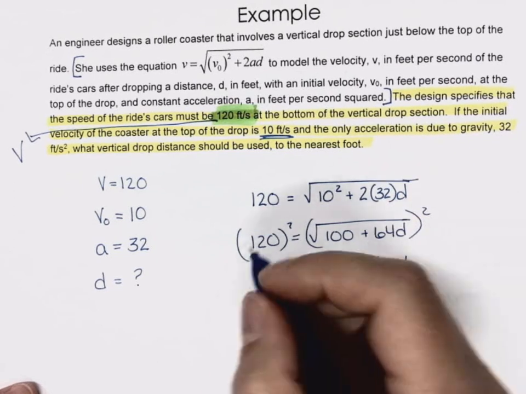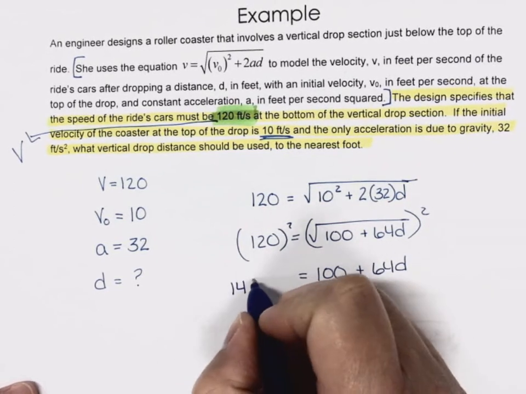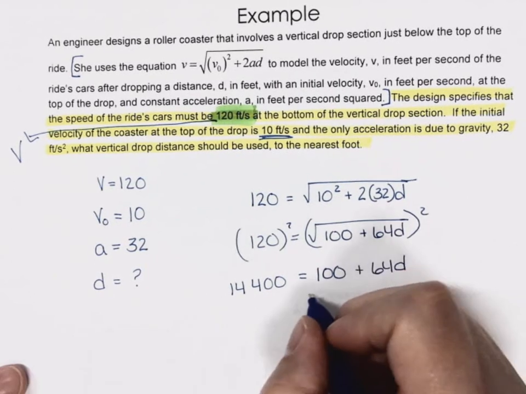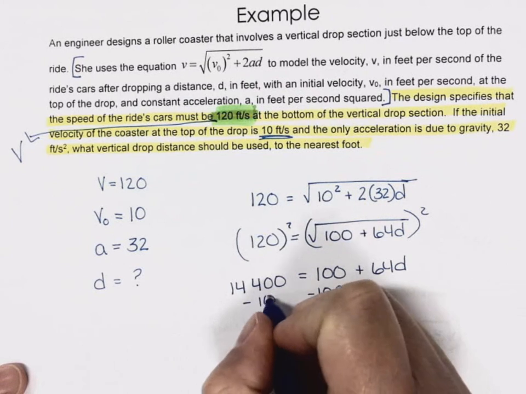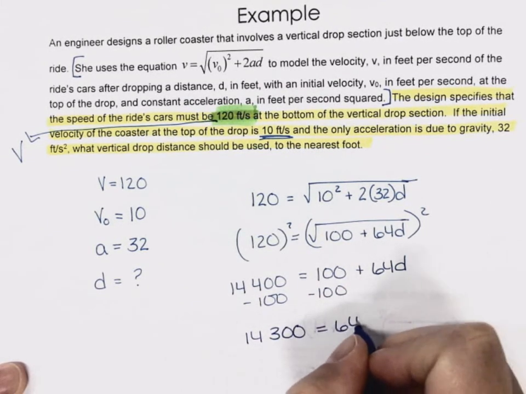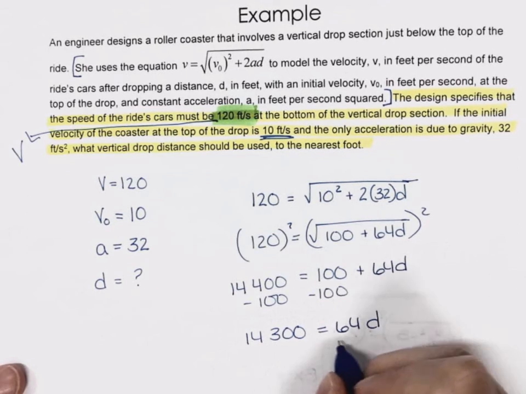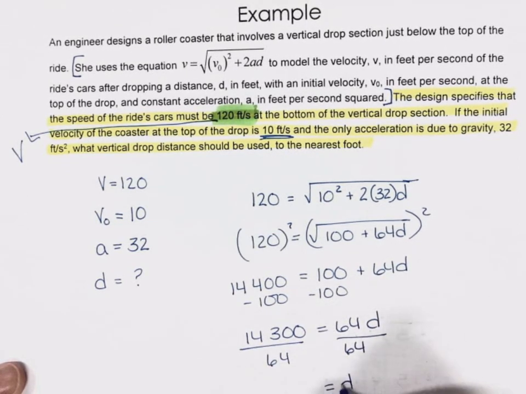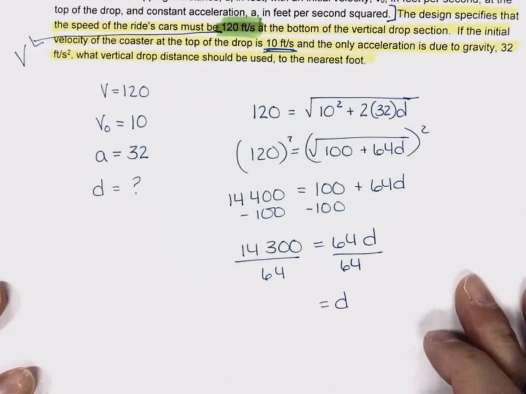120 squared. Beautiful. So now what am I doing? Bring the 100. Divide out the 64.